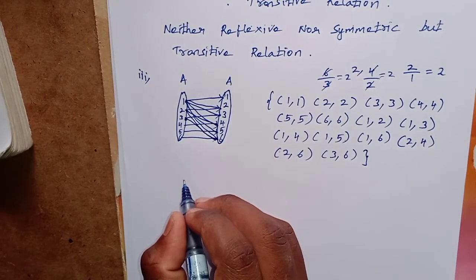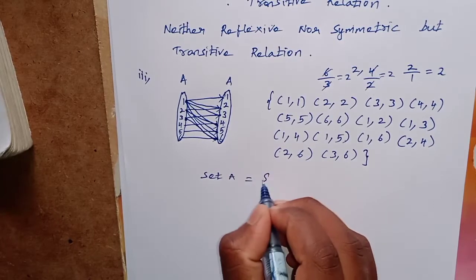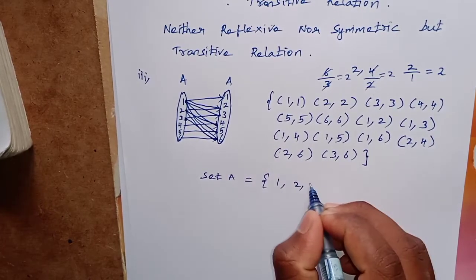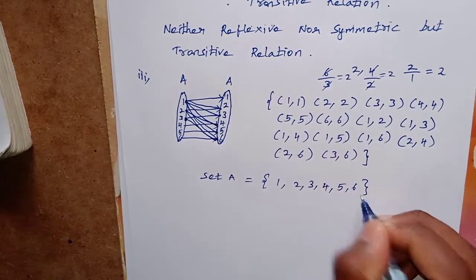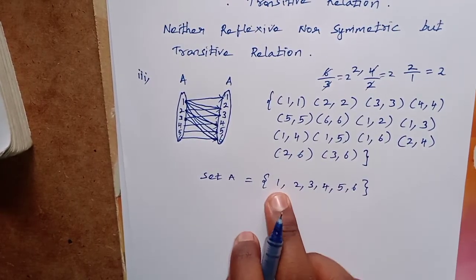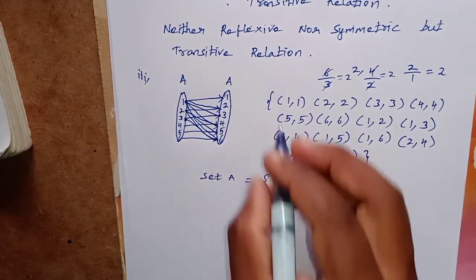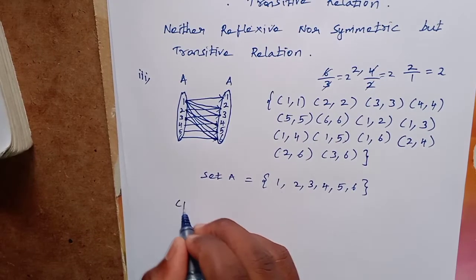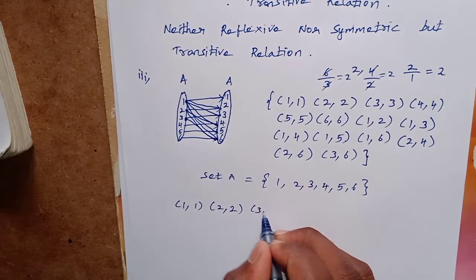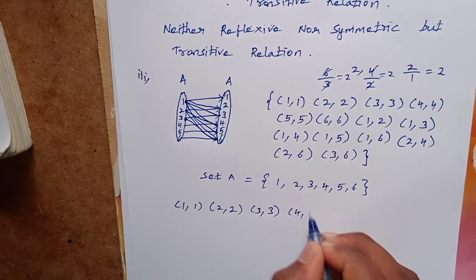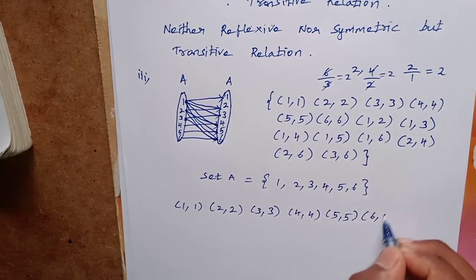Okay, for reflexive you have to check in set A: 1 comma 2 comma 3 comma 4 comma 5 comma 6. Every element of A is related to itself. See here, it is present: 1 comma 1, 2 comma 2, 3 comma 3, 4 comma 4, 5 comma 5, last 6 comma 6.